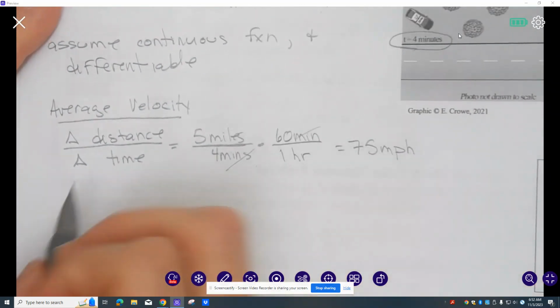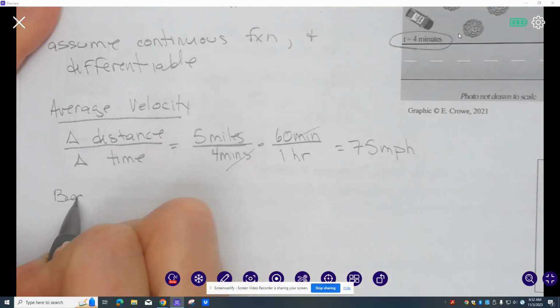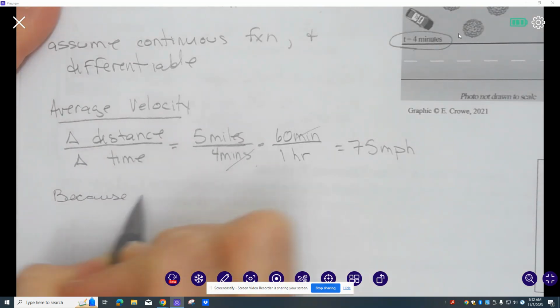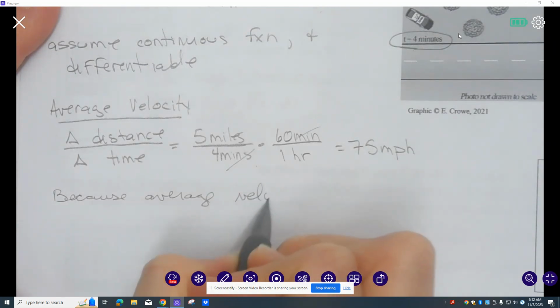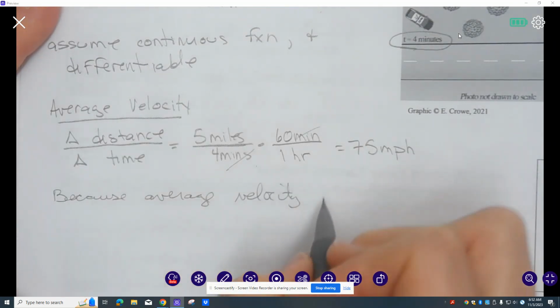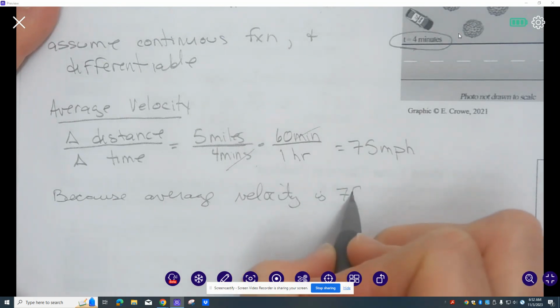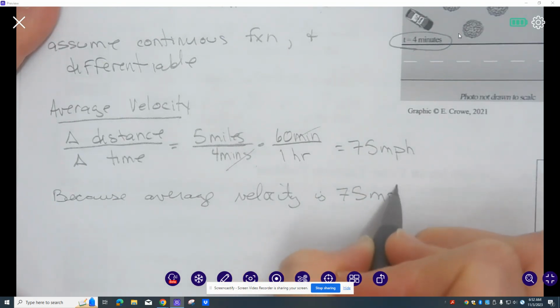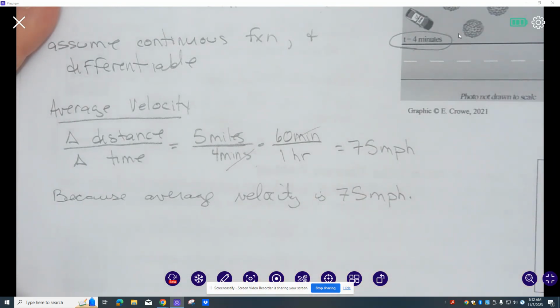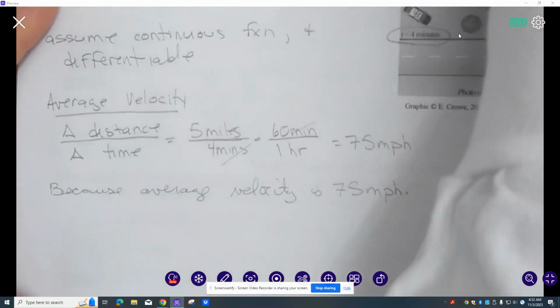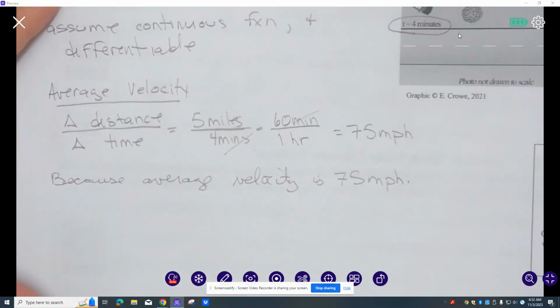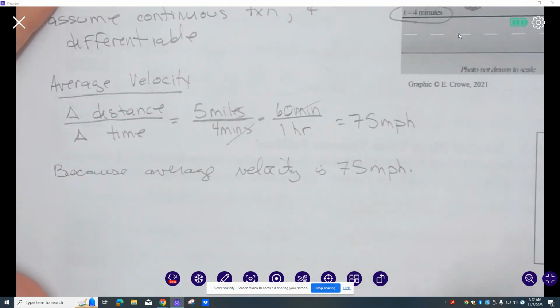So because average velocity is 75 miles per hour, you are likely traveling more than 55 miles per hour at some moment.